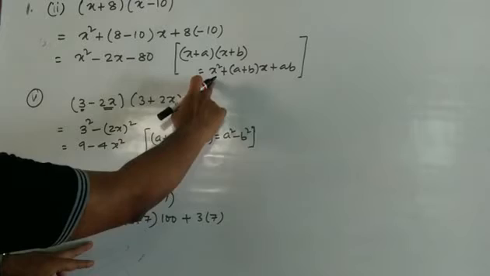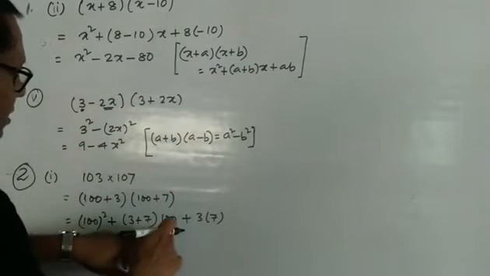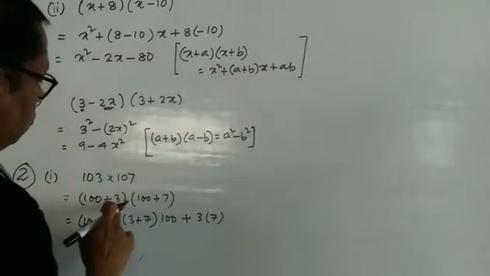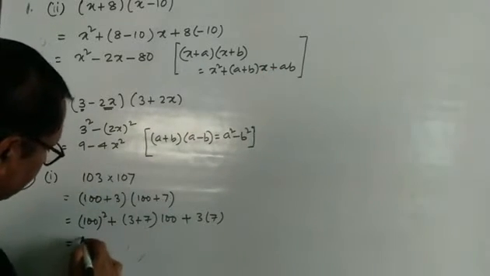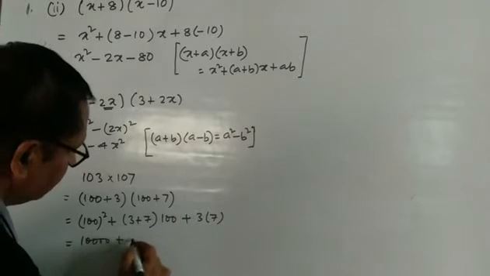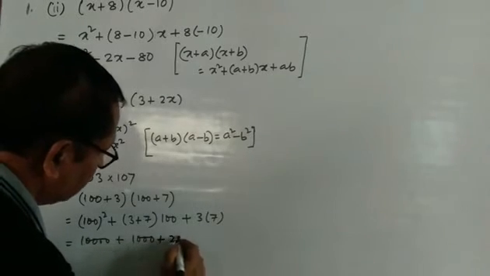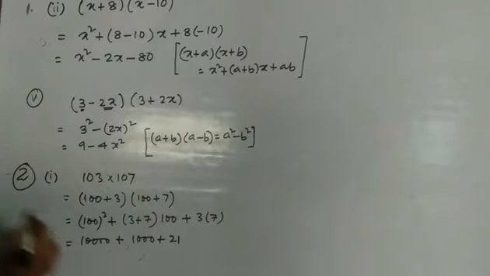See, x squared plus (a plus b) into x plus a into b. 3 plus 7 is 10, into 100 is 1000, so it is 10,000 plus 1000 plus 21, which is 11,021.